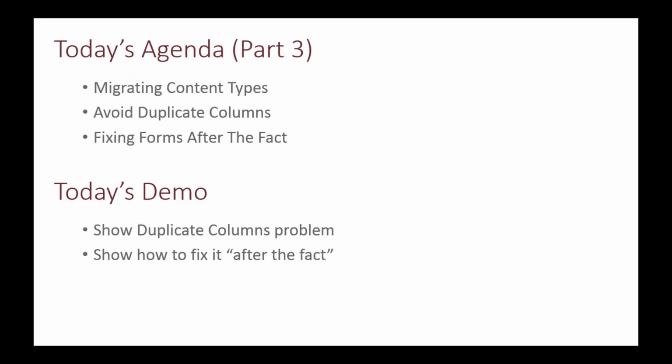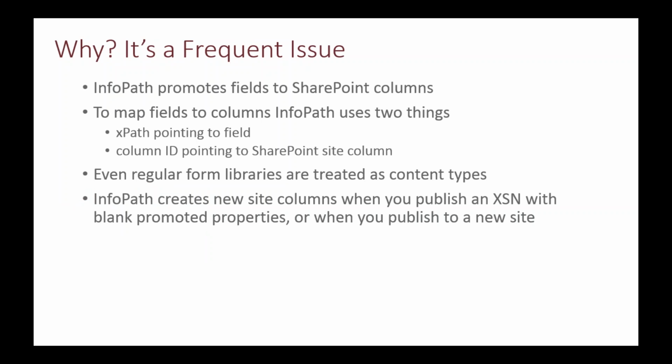When you're migrating content types, we're going to do 2 demos in this quick 20-minute webinar. We're going to show you the issue when we create a new content type and publish it to a library. We're going to show you how to fix the forms after the fact, and we'll talk a little bit about why this happens. Without any further ado, let's do a quick demo.